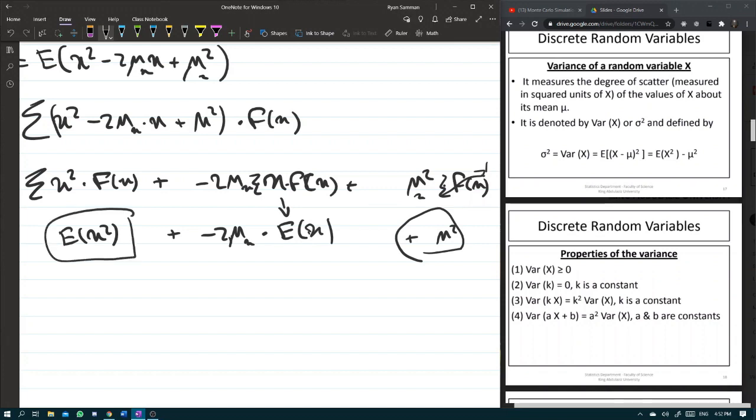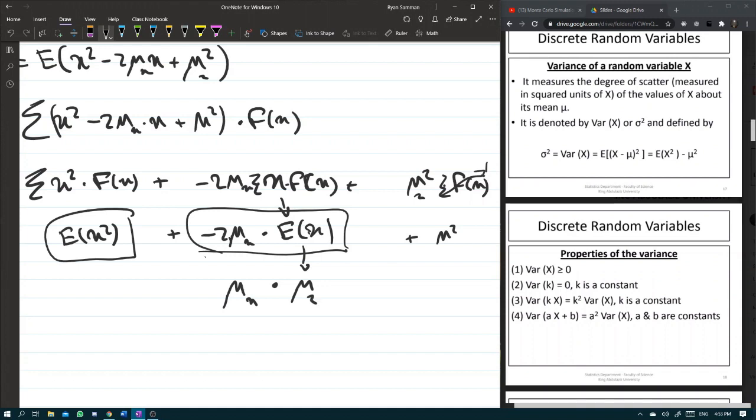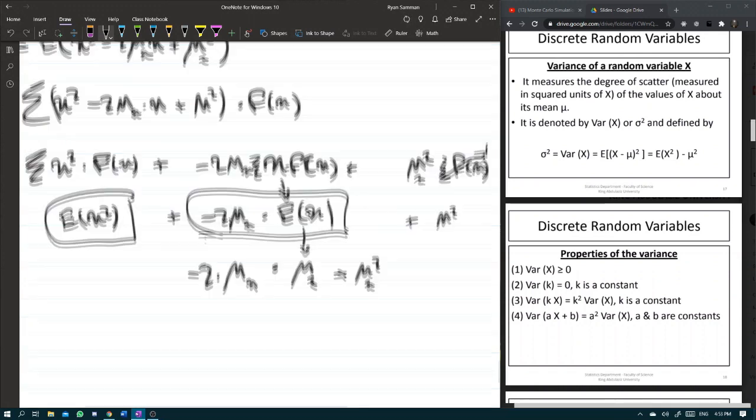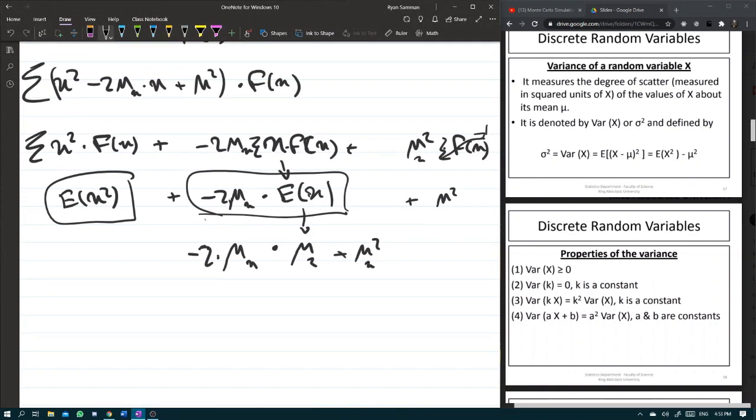So what do we do? E of x is the mean, so the mean times the mean times negative 2 is negative 2 mean squared, and plus mean squared, so negative 2 plus 1 is going to be negative 1. So E of x squared minus mean squared.